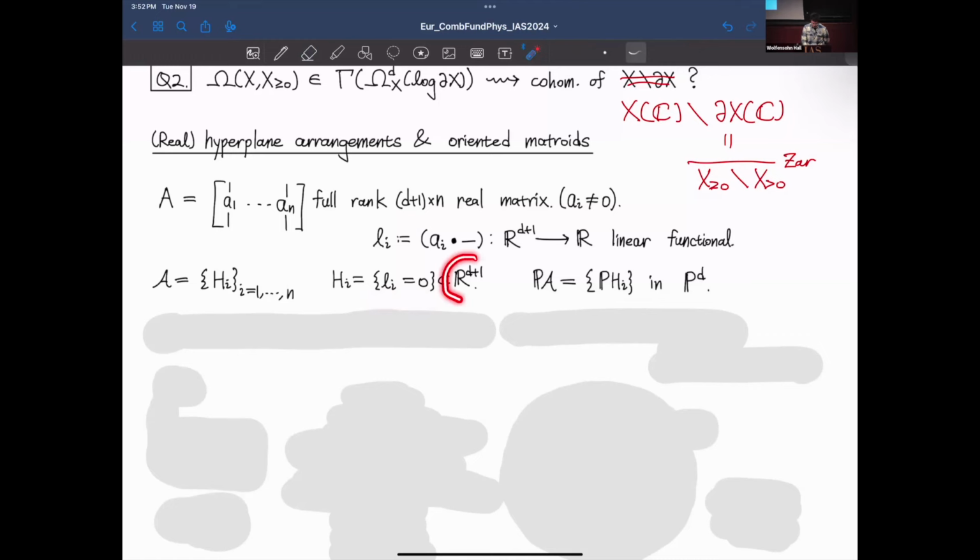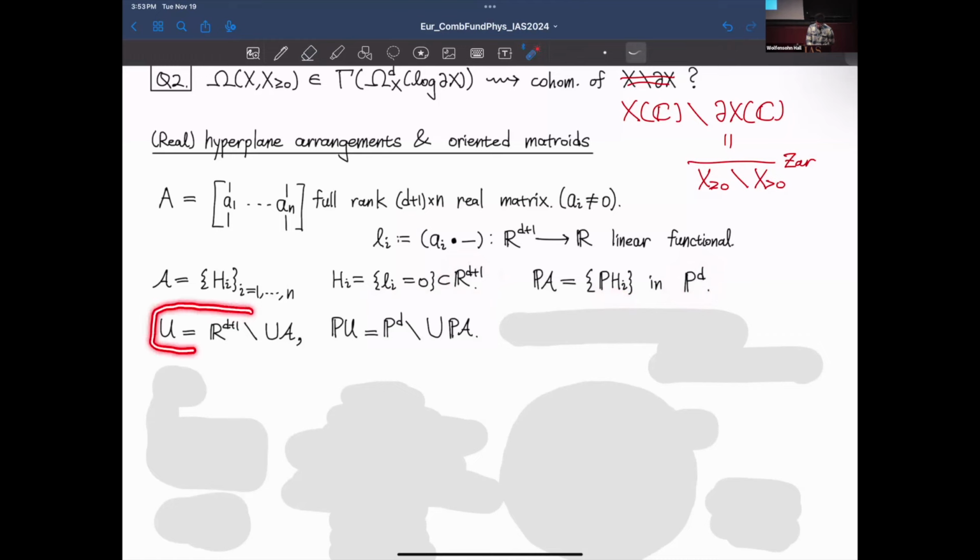So instead of working in R to the D plus 1, working in projective D-space, and look at the projectivizations of each of these hyperplanes. And lastly, in terms of notation, the key thing is to look at the complement of these hyperplane arrangements. So you can look at the non-projectivized picture, where I just removed all these actual linear codimension 1 subspaces, or look at the projectivized picture.